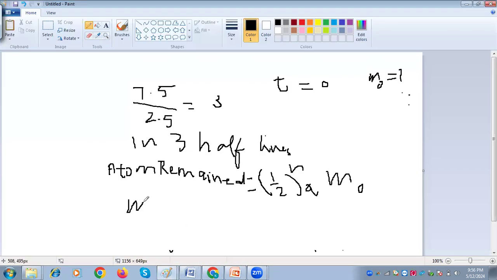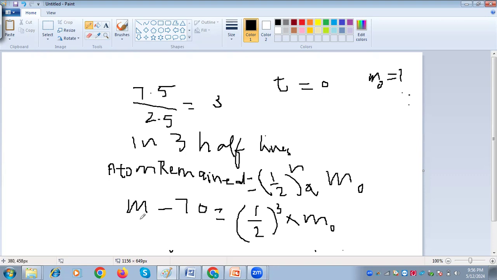So M minus 70 is equal to half, raised to what in place of n? How many half-lives have passed? 3 half-lives have passed, into mass which was initially present. We can write M0 at t equals to 0.